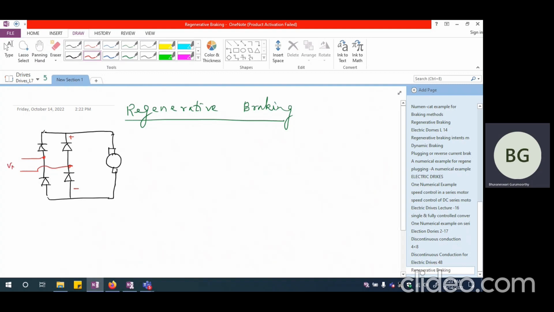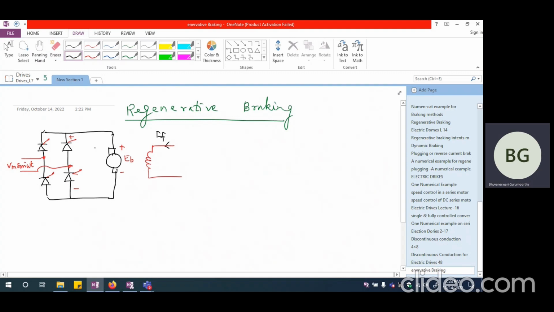Okay, so this what we are applying here is Vm sin omega t. If alpha is less than 90, in that case, we had plus here and minus here. And at that time, we also had plus here and minus here, which was the back EMF, and we were having the field having a current in a particular direction like this.